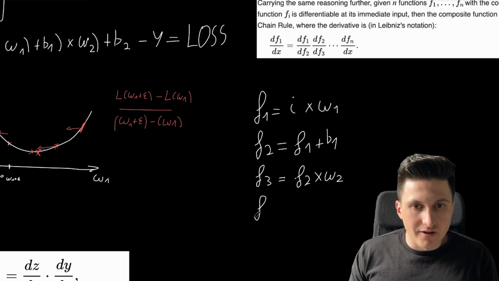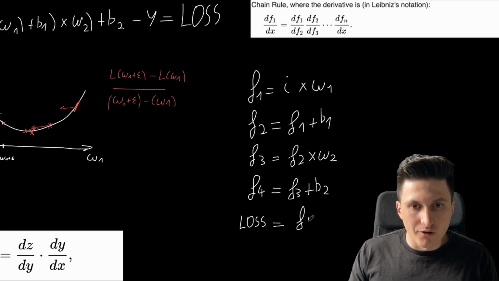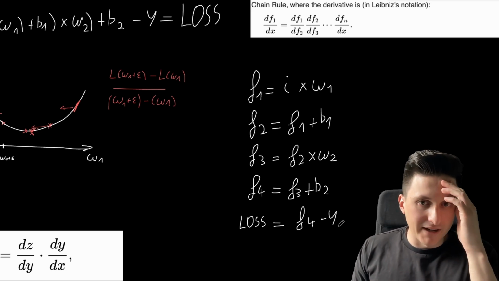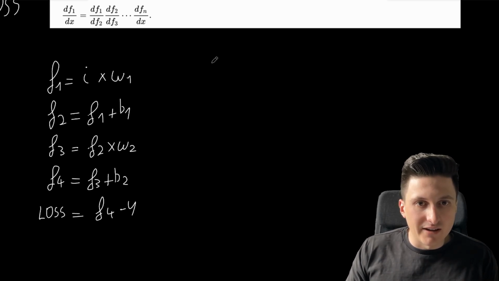Then we have f4 which takes this f3 and adds b2, and finally we arrive at our loss function, which just takes f4 and checks how close it is to the expected output. So we can basically write it as follows.